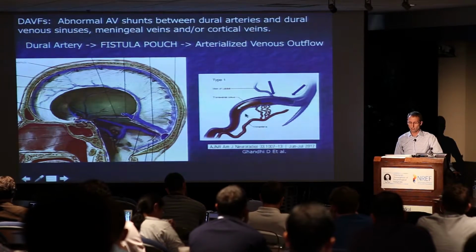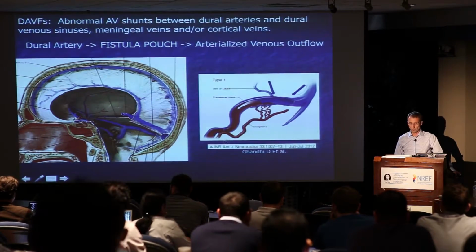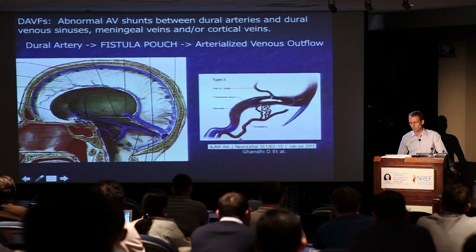And these are fairly low risk lesions. They could cause pulsatile tinnitus given their proximity to the inner ear, the temporal bone, if you will, but they're very low risk lesions.